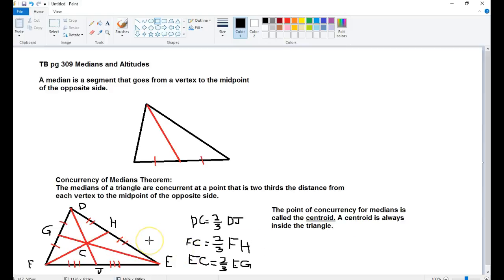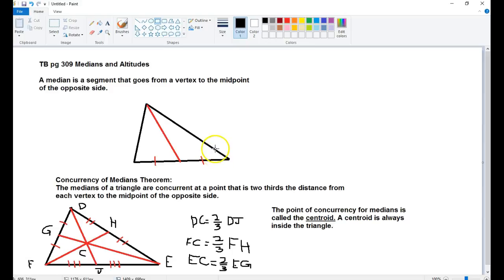So I know there's a lot of vocabulary going on right now, and it's really hard to distinguish between them. So far we've had perpendicular bisectors, angle bisectors, and medians.